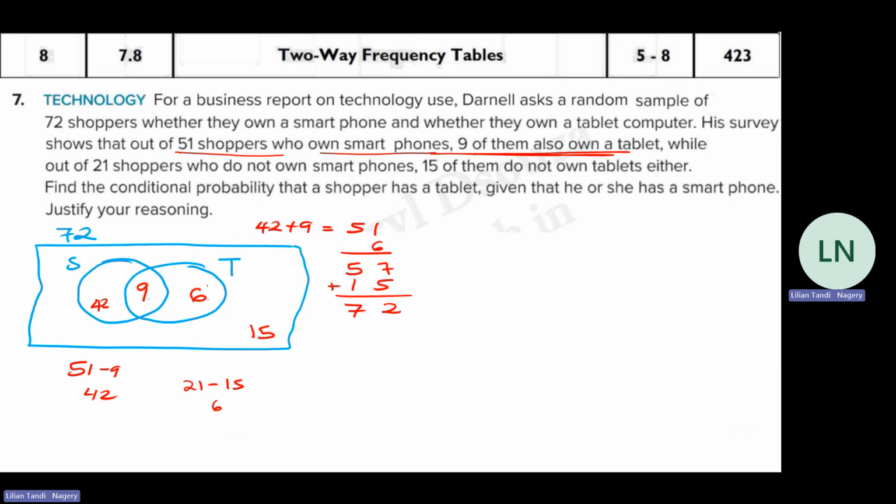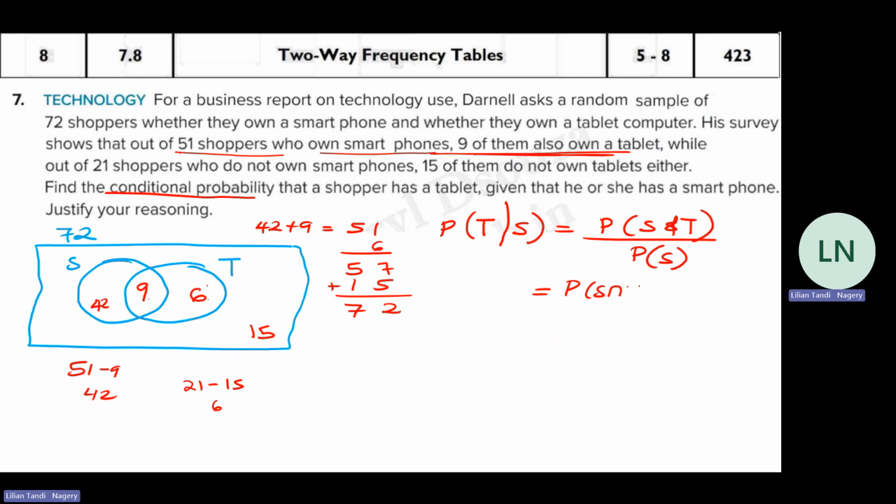Now let's continue. Find the conditional probability. So this is new. Find conditional probability. So the probability that you have a tablet given that you had a smartphone equals probability of smartphone and tablet over probability of smartphone.